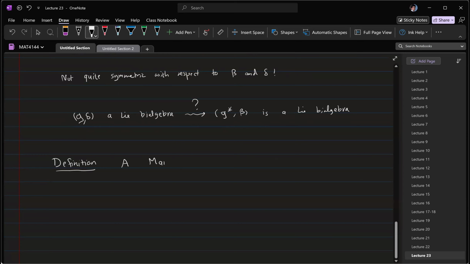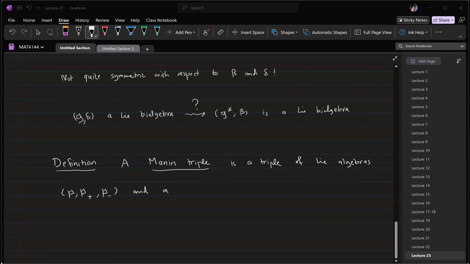A Manin triple is a triple of Lie algebras, like P, P plus, and P minus, three Lie algebras, and a non-degenerate symmetric bilinear form on P. Maybe I choose a notation for this form right now.